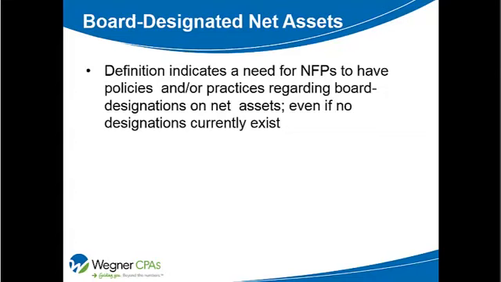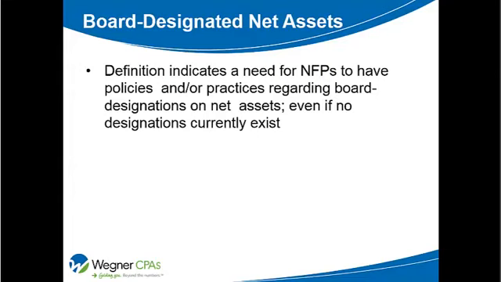What is the policy? What is the practice in order to get that money undesignated so it can be used for current expenses? So the key things that you need in this policy is how do you go about designating something? So how do you designate something from your net assets? How would you remove a designation if needed? And then if you don't allow designations, you just have to make sure that that's stated in the policy.